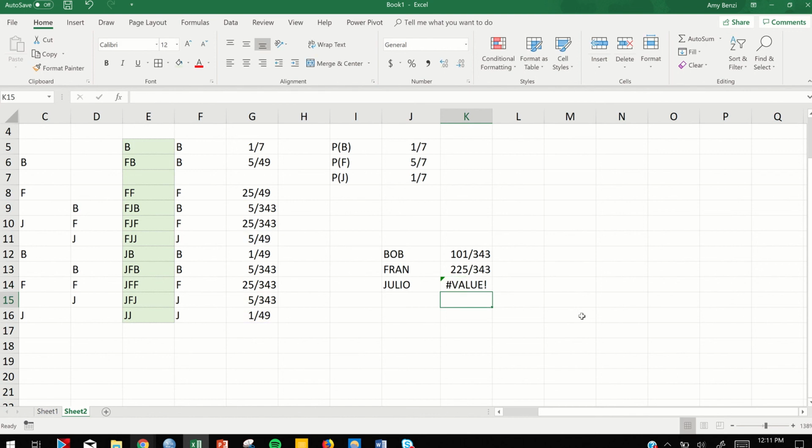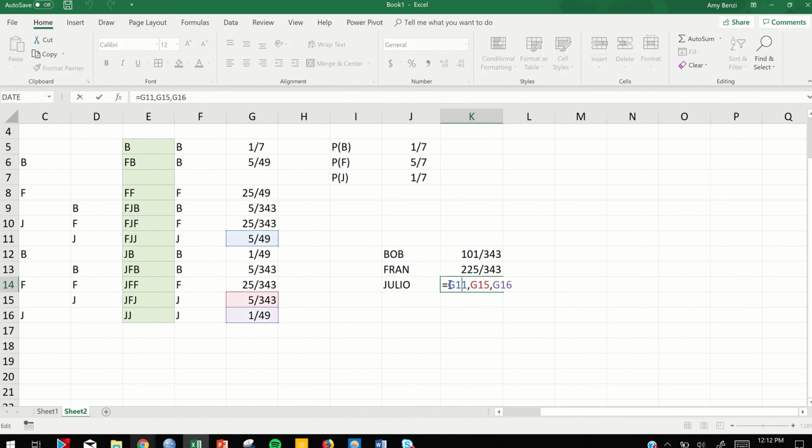There we go. All right. I am going to assume that this number is too big for that cell. And I'm going to stretch it out just to see if that's the problem. And that is not the problem. Oh, I did not put sum. You see that, you guys?